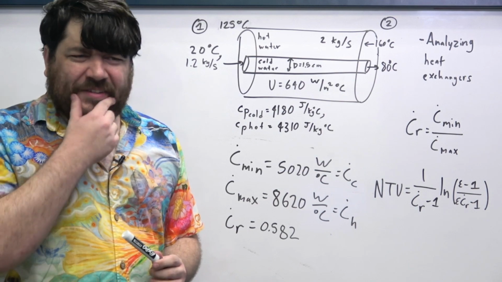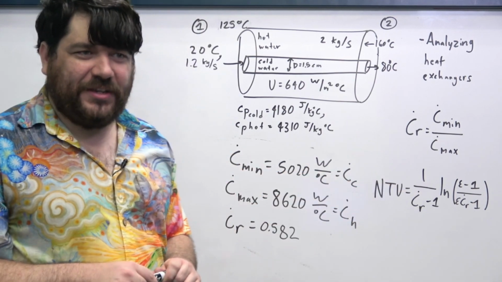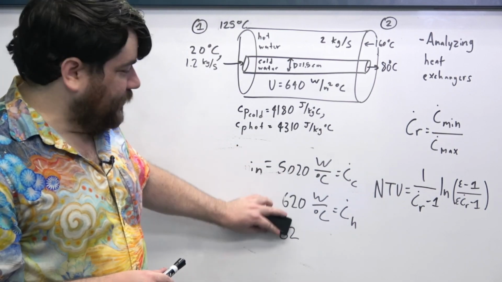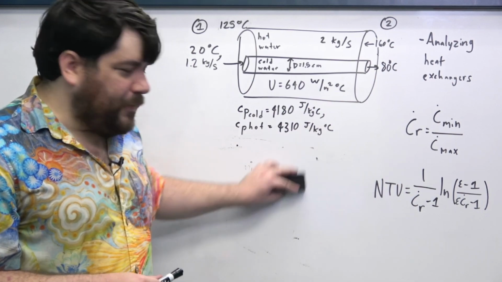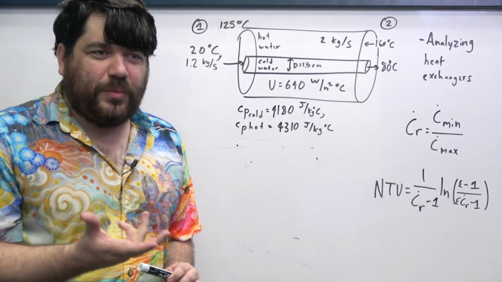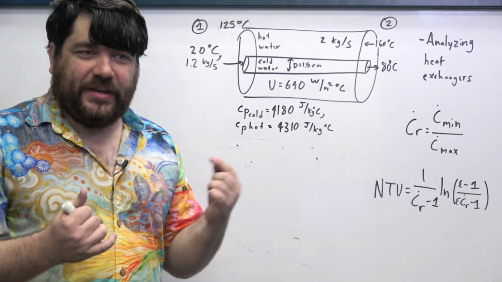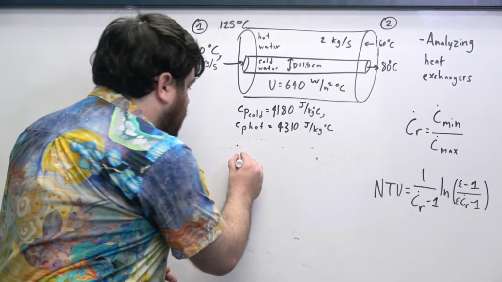But nevertheless, we now have to ask ourselves, how do we calculate the effectiveness of the heat exchanger? Well, remember what the effectiveness is. The effectiveness is supposed to be a measure of the actual performance of the heat exchanger relative to some theoretical maximum. Okay, and so the way that we calculate what that is is by defining an epsilon.